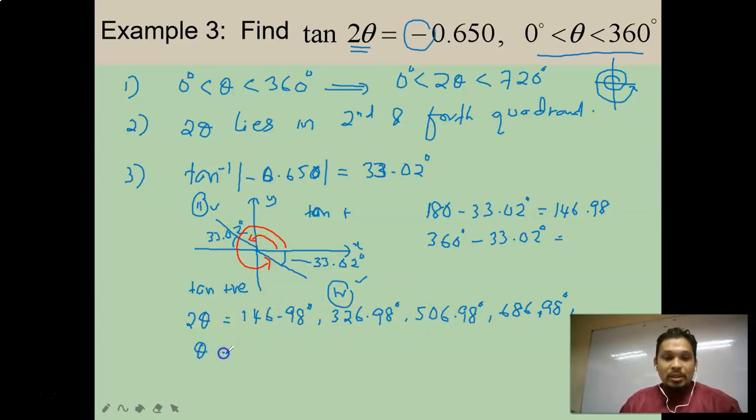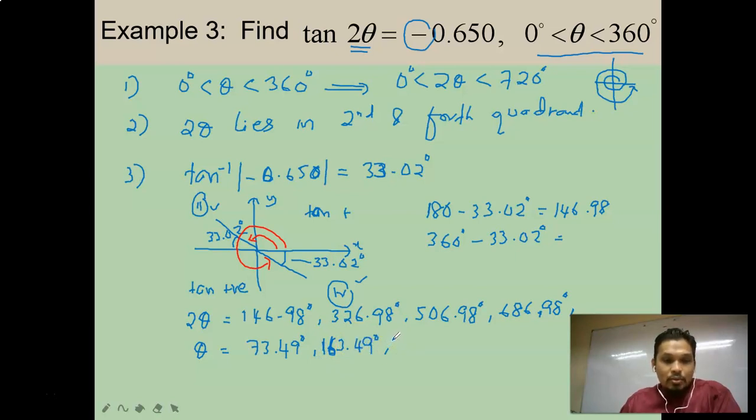So theta equal to every single angle that we get here, then we divide by 2. So the first one here is 73.49. The next is 163.49.